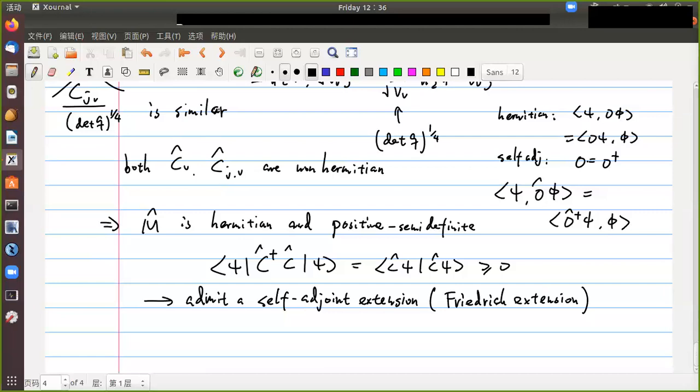Is there any example? Let me see. Most of the familiar examples, the quantities you study in quantum mechanics, are always self-adjoint.